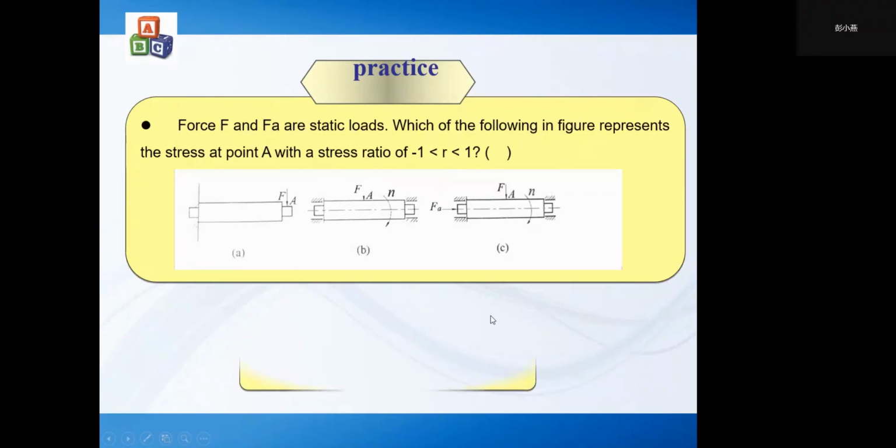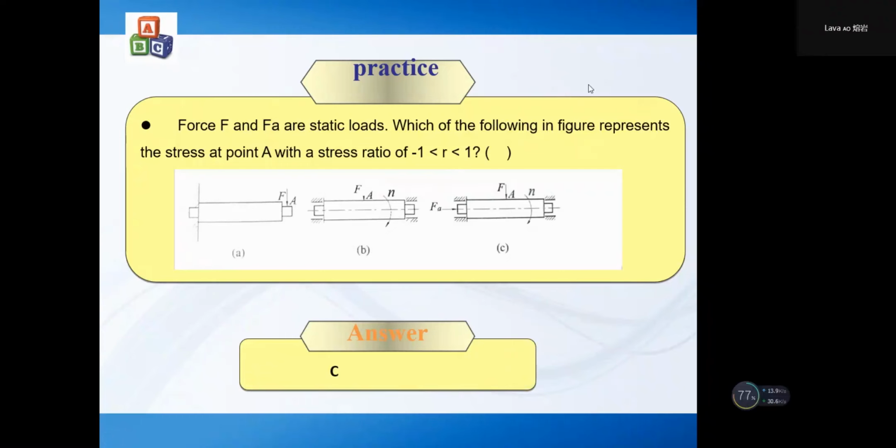So the answer is C. For A, the stress ratio is 1. For B, the stress ratio is -1. Any problem? So the answer is C.